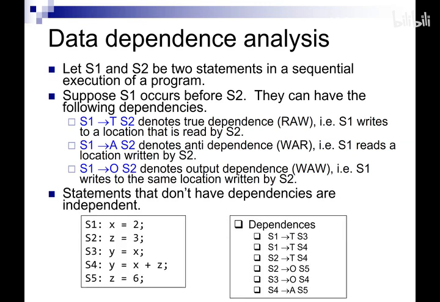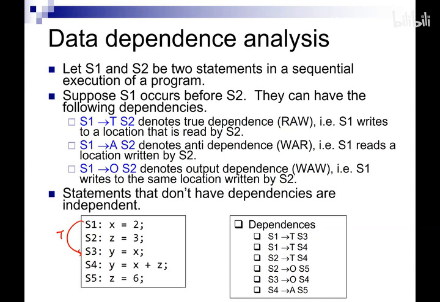All right, so let's do some examples. Suppose you have these 5 statements over here. They're assignment statements, or they read from a location and then do some sort of assignment. Now, what kinds of dependencies do we have? Well, for example, we have a true dependence from S1 to S3.